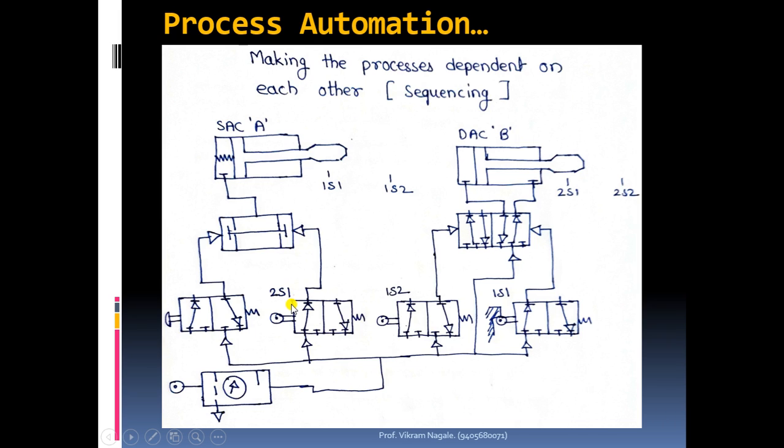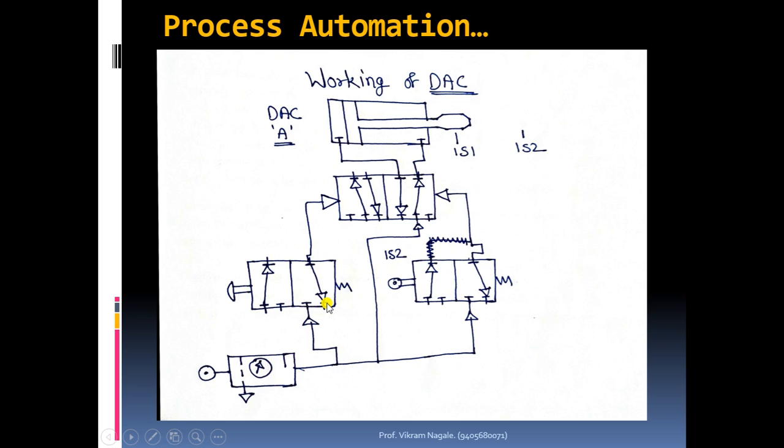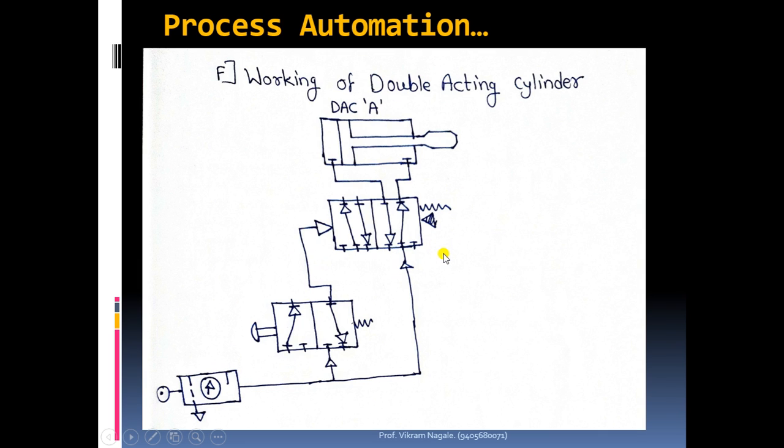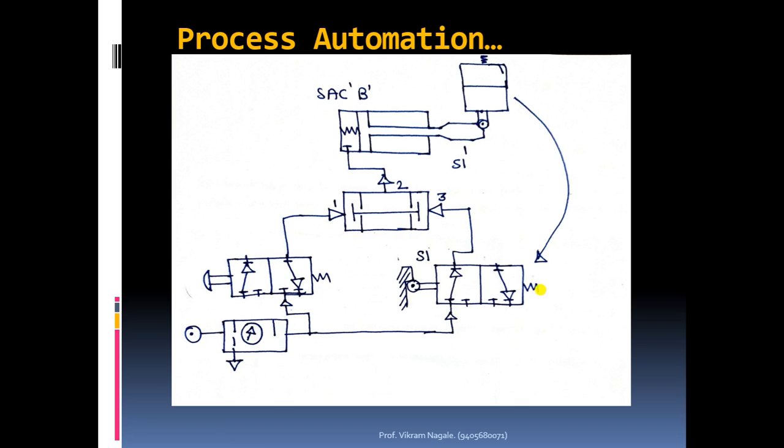We'll discuss this later, but we'll consider that there is one limit switch. The requirement for this setup is that this limit switch, which is giving another input to this AND valve, should be active.